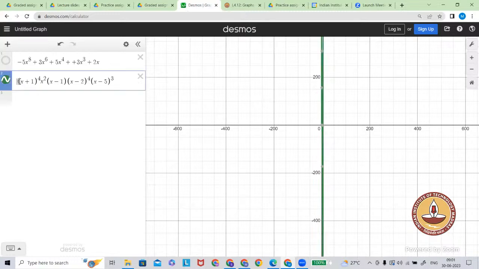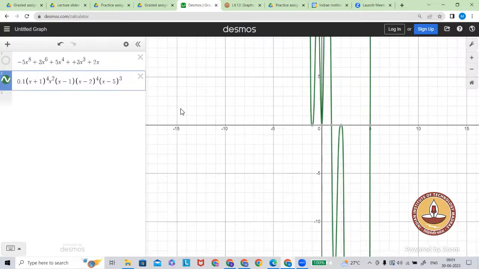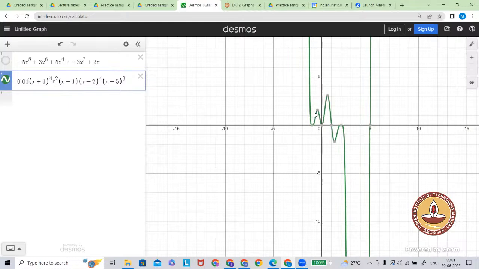We can scale it lesser. Let's multiply it here by 0.01. I just scale it down to see that. Even let me scale more. So see, there is scaling, no? The multiplication with 0.01 is actually making it go down. So see that I scaled it.